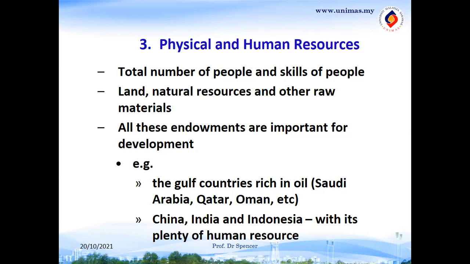So all these endowments are important for development. For example, land is important for development. Natural resources such as oil, yeah, is important for development. We can see it in the Middle East countries. Yeah, without oil, many of these Middle East countries would still be poor. Yeah, but because of oil, for example, Qatar, all of a sudden become one of the richest countries in the world.